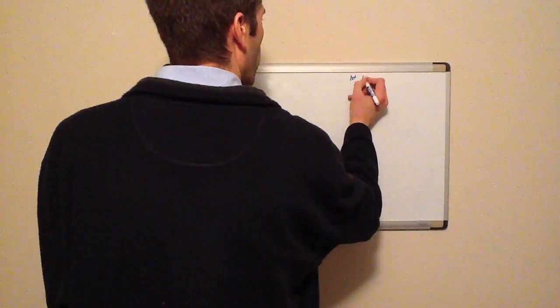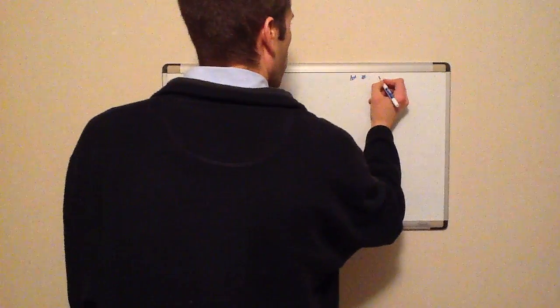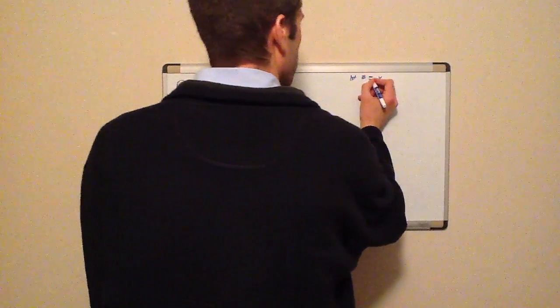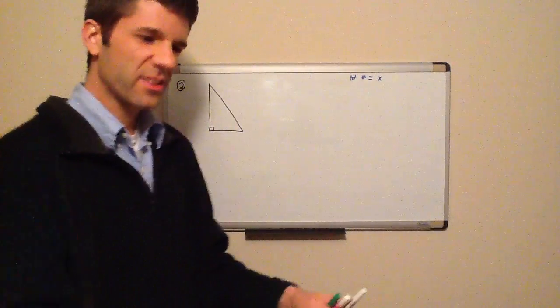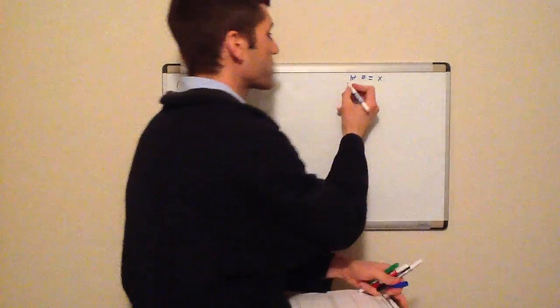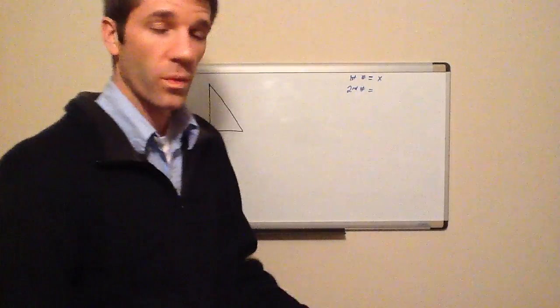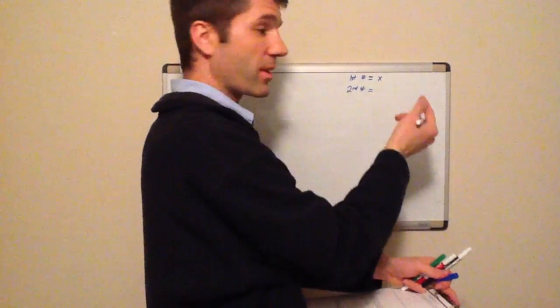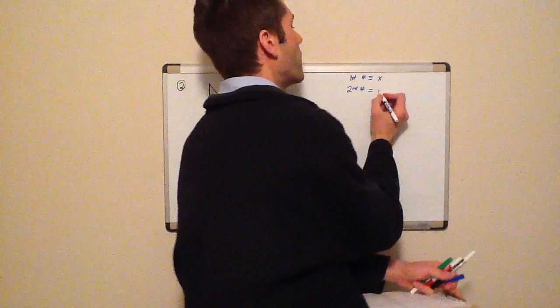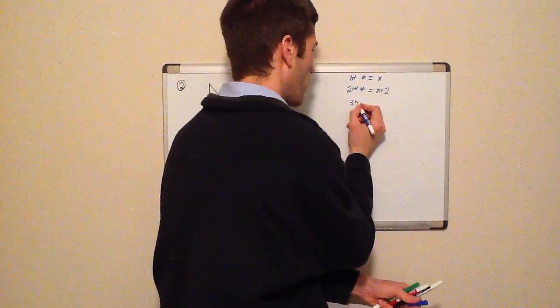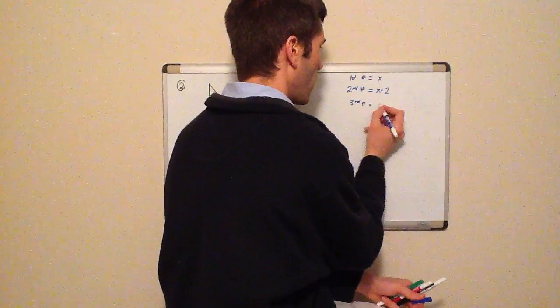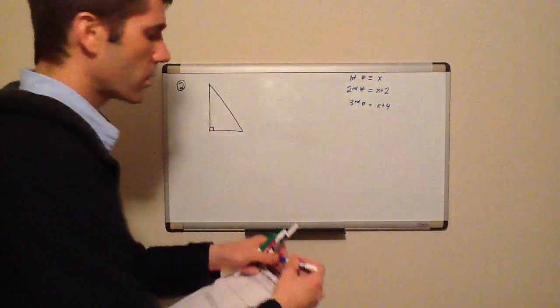If the first number is equal to x, we have a list of 3 consecutive even integers, and the first number is x, then what's the second number? Well, if that's even, then the next even number is 2 more than that. X plus 2. And then the third number is x plus 4.